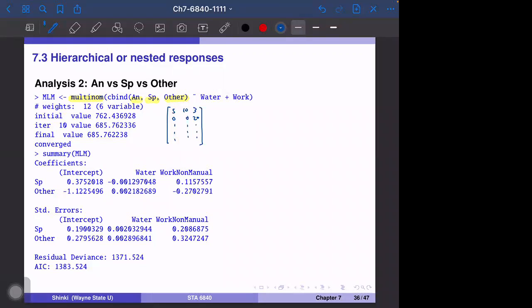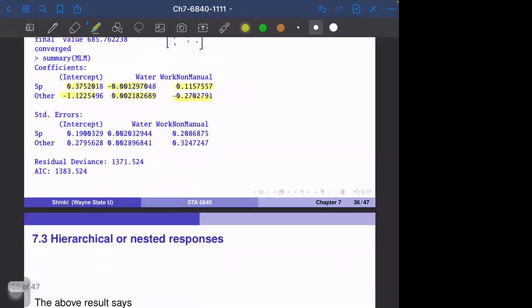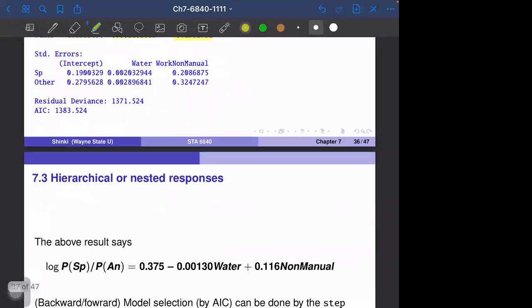So it's similar to logistic regression and binomial regression, but here we have more than 2 columns. Then the response and the predictor variables. Then you can see the coefficients here, which can be interpreted, for example, this way.